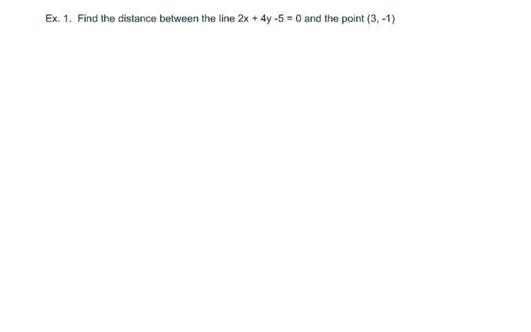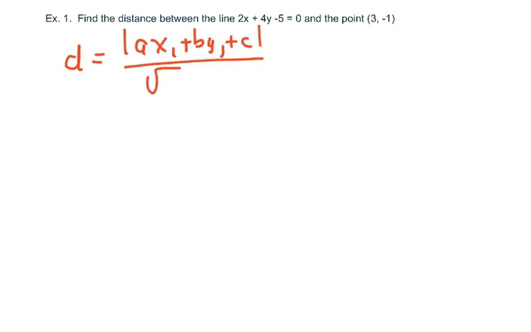We want to find the distance between this line and this point. So we're going to use our formula given here. Distance equals absolute value of A x sub 1 plus B y sub 1 plus C, absolute value of that over the square root of A squared plus B squared.